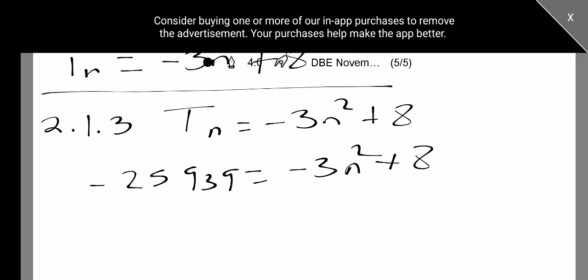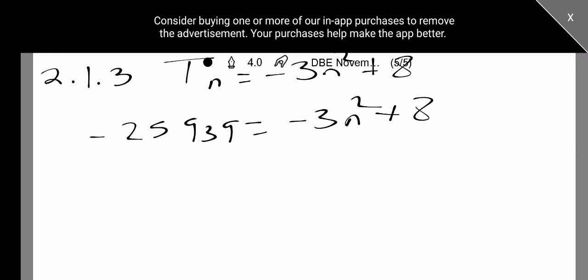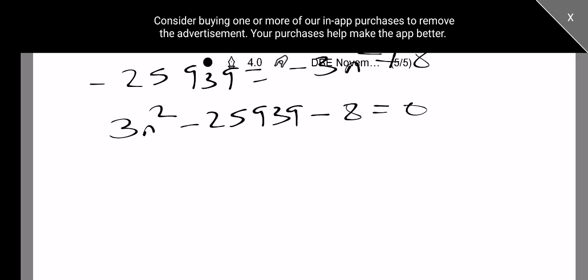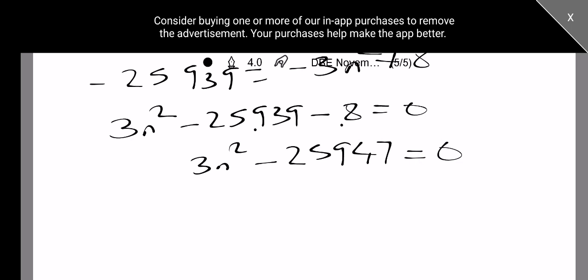It's going to be 3n squared minus 25,939 minus 8 equals 0. Simplify: this plus that gives you 3n squared minus 25,947 equals 0.